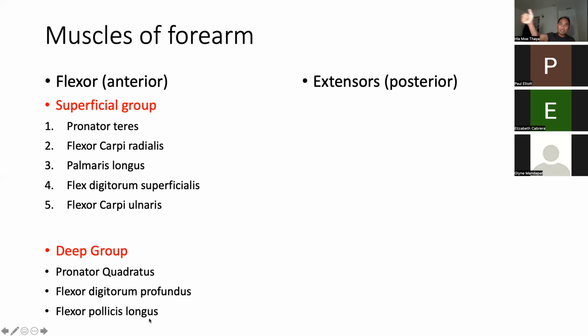It will flex the thumb like this. So now we have heard about the deep muscle group on the flexor aspect of the forearm. They are pronator quadratus, flexor digitorum profundus, and flexor pollicis longus.